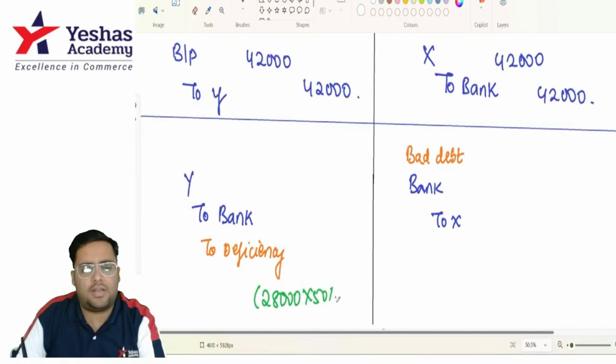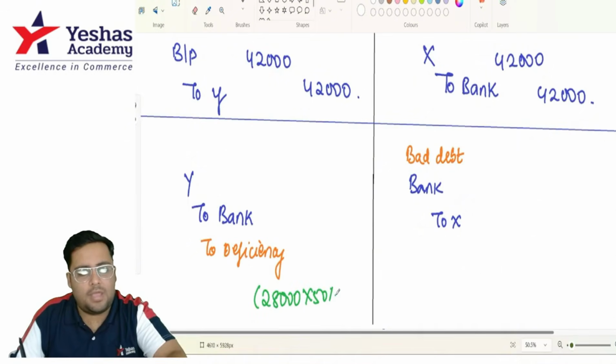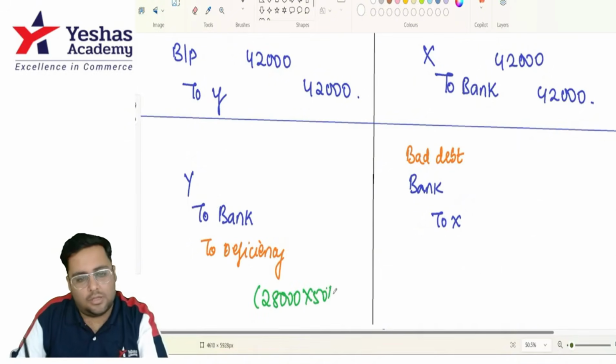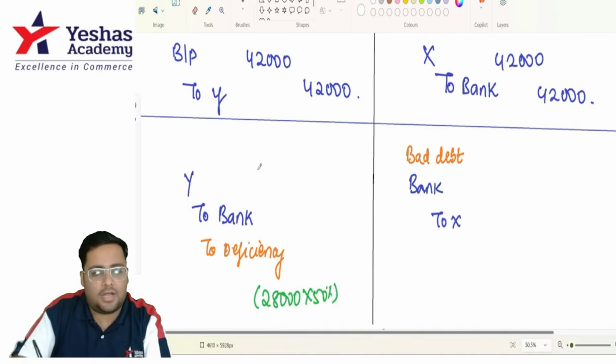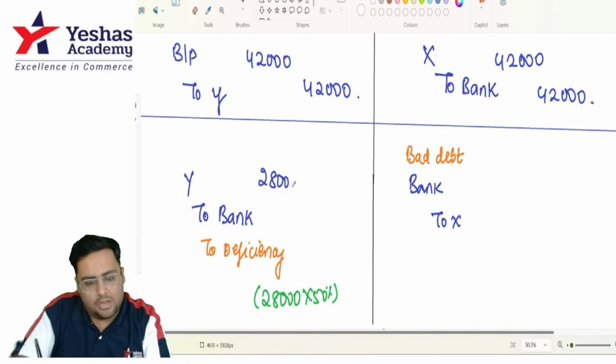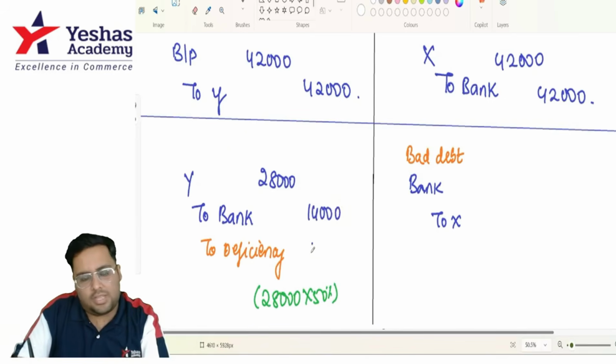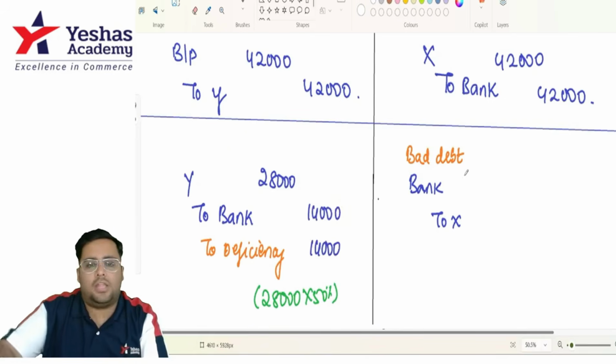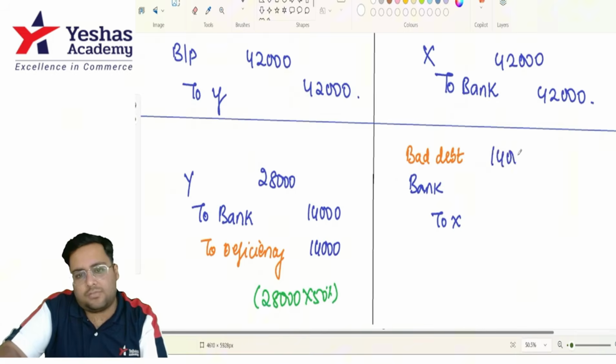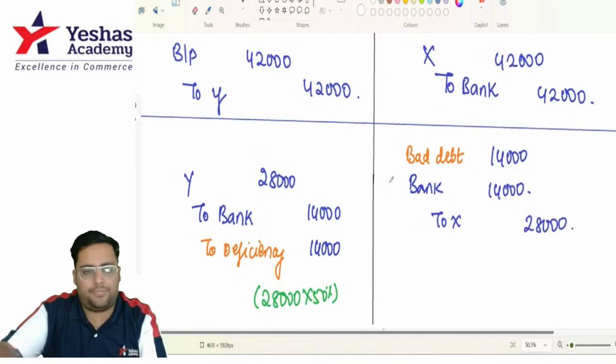Into 50% recovered and 50% going to be bad debt or deficiency. So I'll go ahead to say Y account 28,000, to bank account 14,000, to deficiency 14,000. In the books of Y, bad debt is 14,000, bank account is 14,000, and X will be 28. Simple point to be kept in mind.